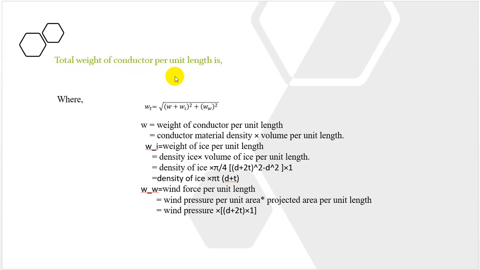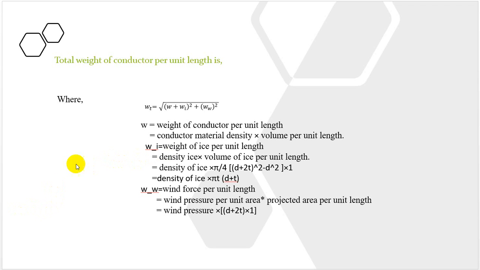Total weight of conductor per unit length is Wt equals square root of (W plus Wi) whole squared plus Ww squared. Here W equals weight of conductor per unit length, which equals conductor material density into volume per unit length.